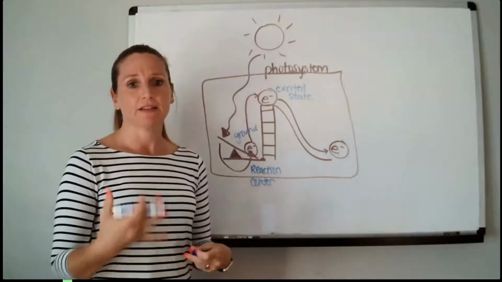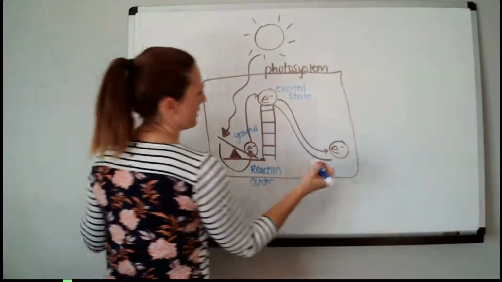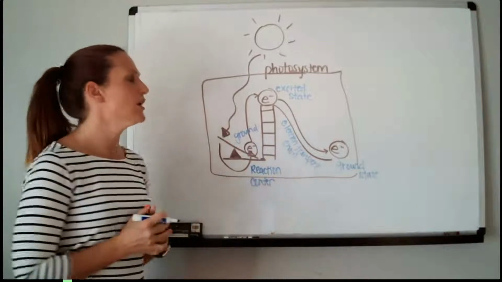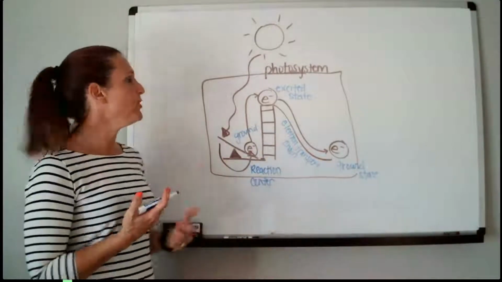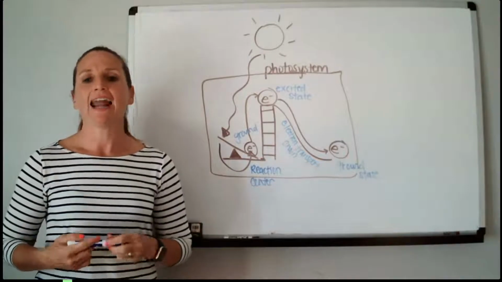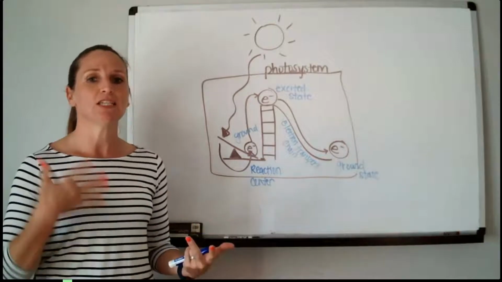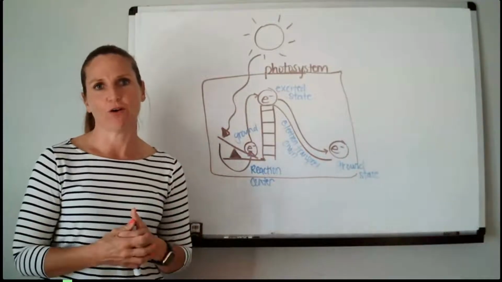And then the electron is going to travel back down to the ground state on something called the electron transport chain. Now this is a pretty crazy drawing, and I hope that you are able to draw it along with me, and I hope that you're able to keep this drawing with you as we continue to talk about what is happening in the process of photosynthesis.